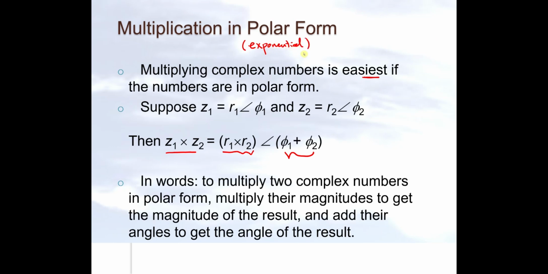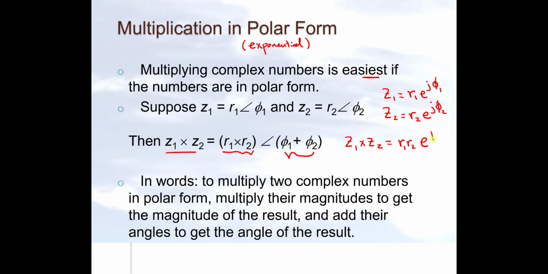So if I have these two numbers, the representation of z1 using the exponential form would be r1 e^(j phi1) and z2 as r2 e^(j phi2). If I'd like to multiply z1 times z2, I'm going to end up having r1 r2, and then two exponentials multiplied together, and when you multiply exponentials, you simply add the exponents.